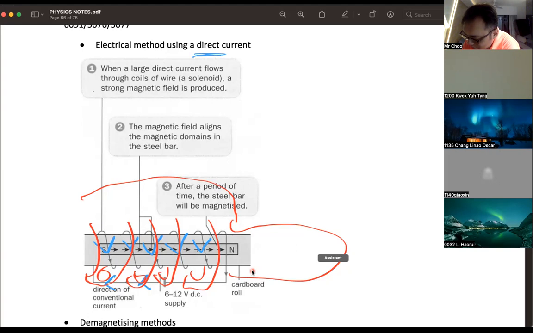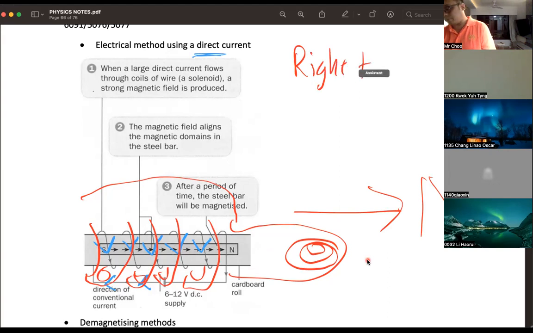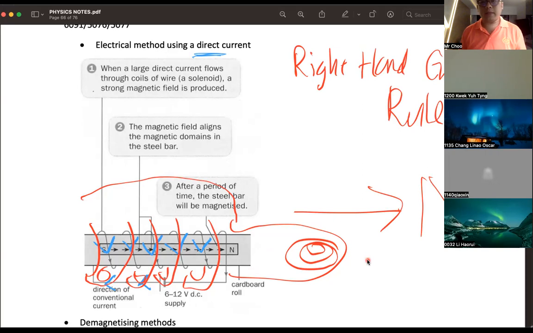Hold on. This is your thumbprint. So if you were to grip, your thumb will be pointing to the right. So your right side is your north pole. Are you clear about this? So this is the right hand grip rule, and that's all you need to remember. Is that clear?